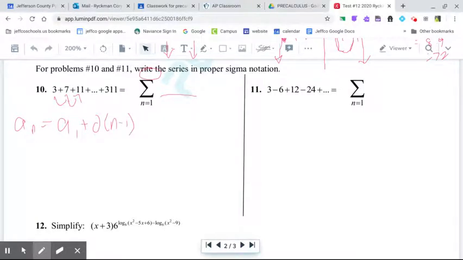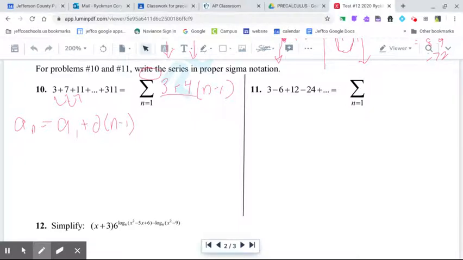The first term is 3, and I'm adding 4 some number of times. And that checks out as far as when n equals 1 goes in. We'd get 3 plus 4 times 0, which is 3, so that's working. When n equals 2 goes in, we get 3 plus 4 times 2 minus 1, which is 7.